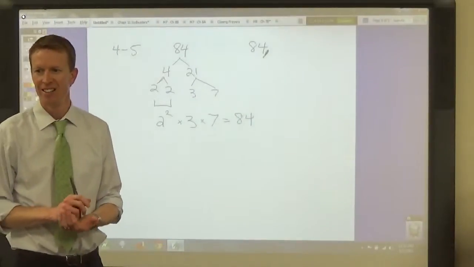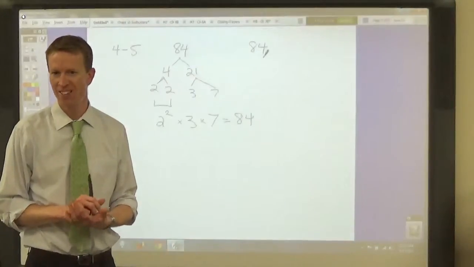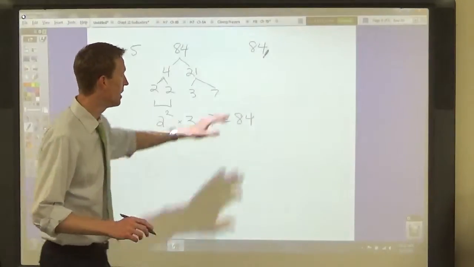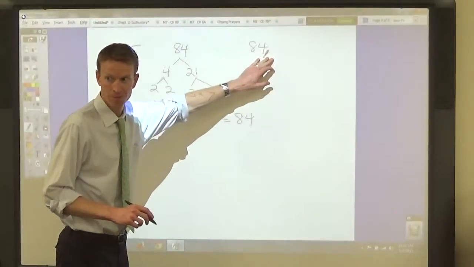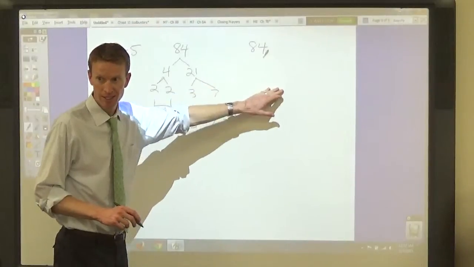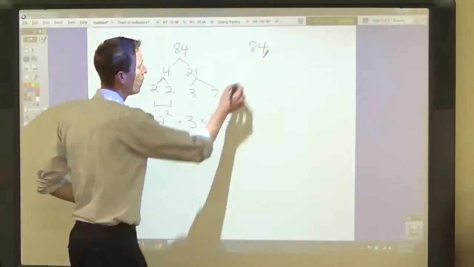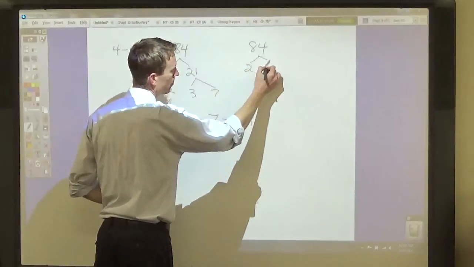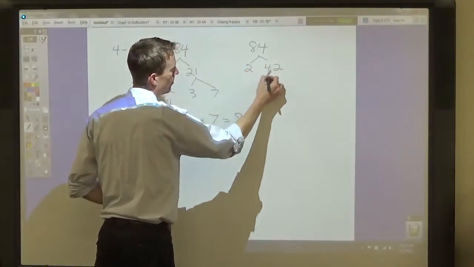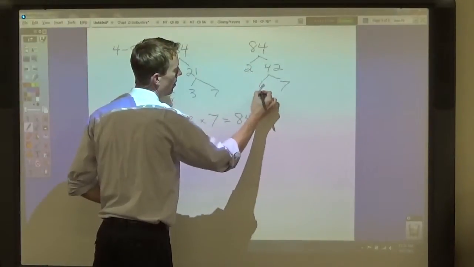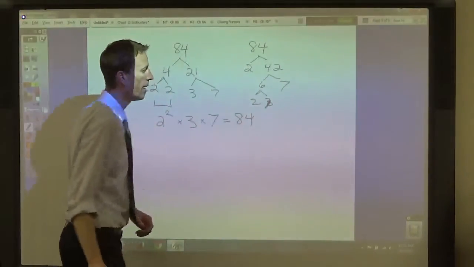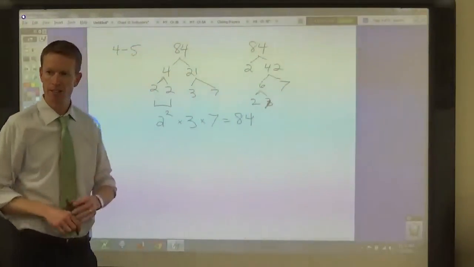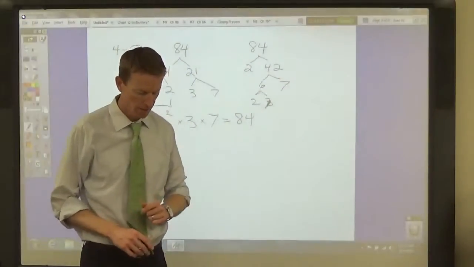That's where, if you miss the factors, sometimes it's just easiest to divide by 2. 2 and 42, 6 and 7, 2 and 3. If you do this a different way, you'll still get to the prime factors. 6 and 7, 2 and 3. See that? We still get to the prime factors if you keep dividing until they're prime. Okay?